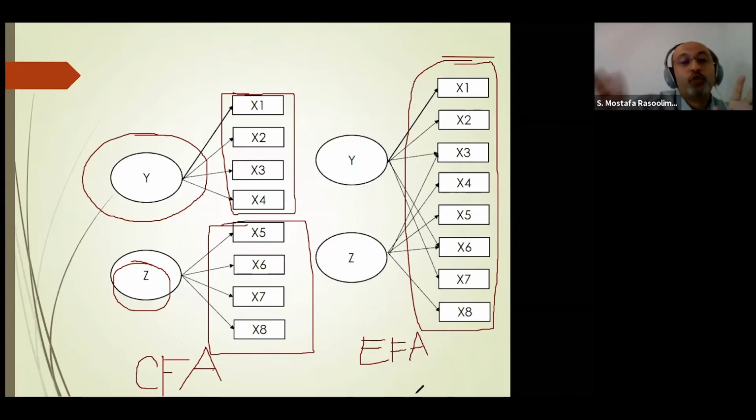So we have these two main types of factor analysis. EFA is performed, as I mentioned, in SPSS, when we don't have theory to support. But CFA is performed in the concept of structural equation modeling.